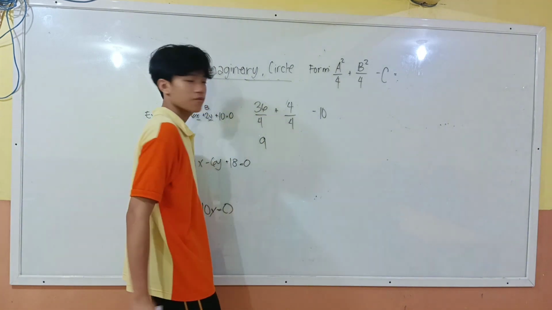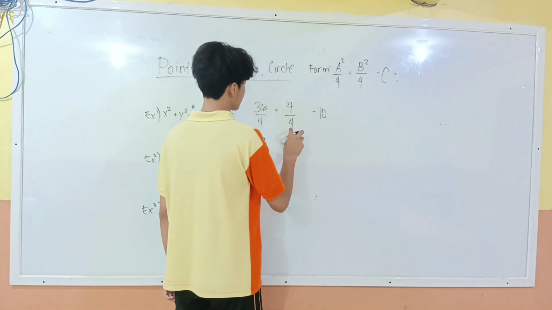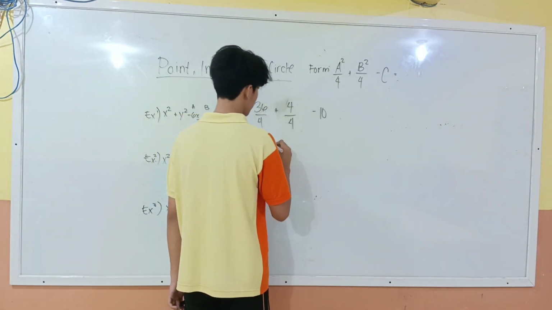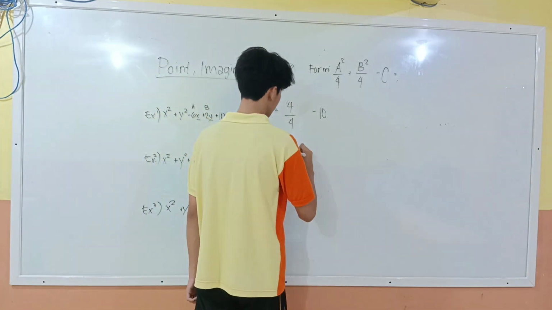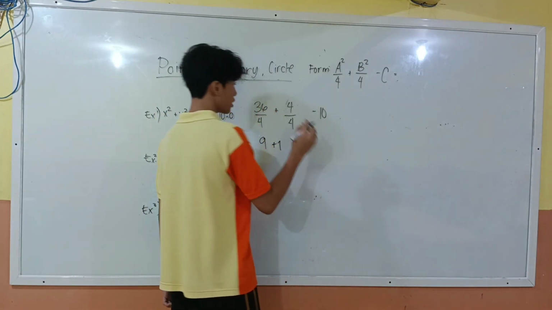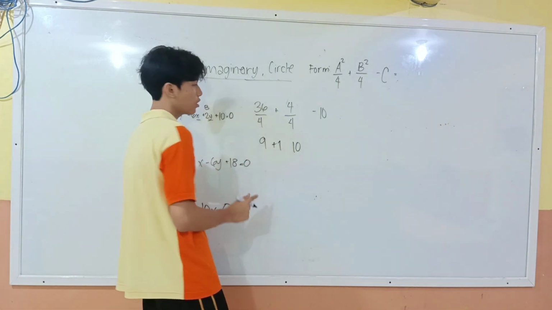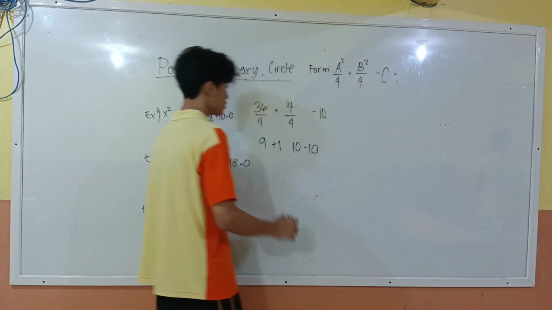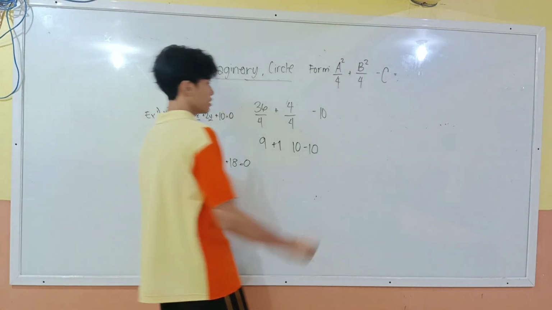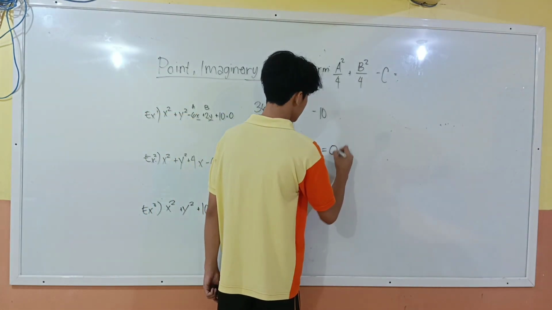And then 4 divided by 4 is 1. So 9 plus 1, we get 10. And then now we subtract the constant. So our constant in this case is 10. So 10 minus 10 equals 0.